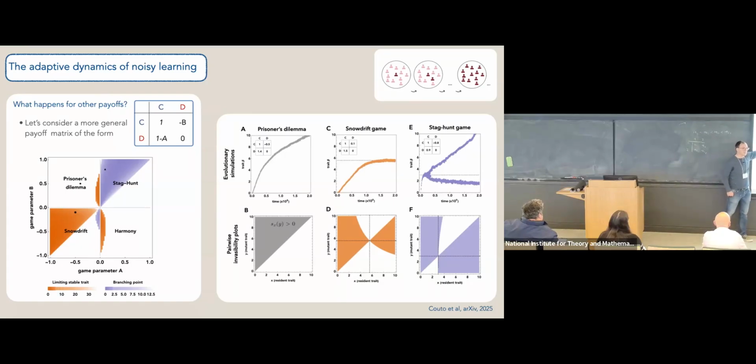So for most prisoner's dilemma, you will see selection strength increase indefinitely. But for snowdrift games, you usually see a stable ESS. For stag hunt games, at least for this upper half, you will see that there is evolutionary branching. So it's not that I handpicked these three examples, but this is a robust phenomenon.